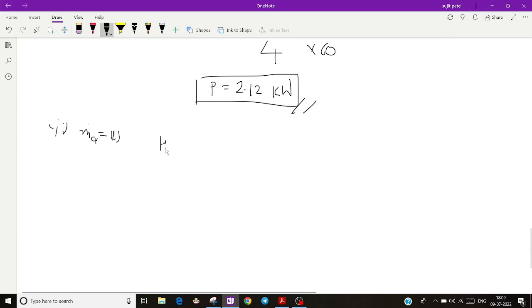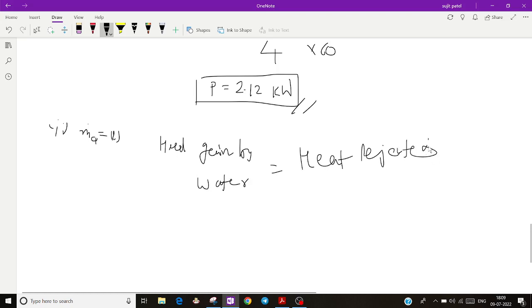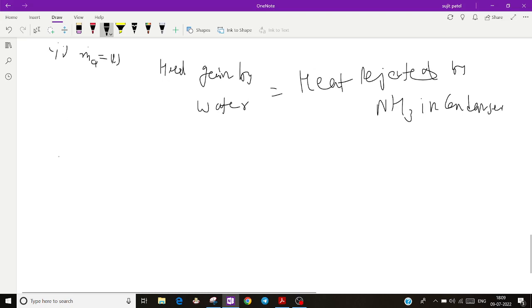So heat gain by water is equal to heat rejected by ammonia in the condenser. How much heat is gained by the water?